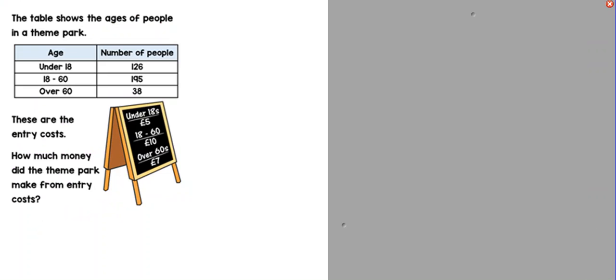Let's have a look at this one. The table shows the ages of people in a theme park. So let's interpret the table. People under 18, 18 to 60s and over 60s. Under 18 there are 126 people. 18 to 60s, there are 195 people, and over 60, there are 38 people.